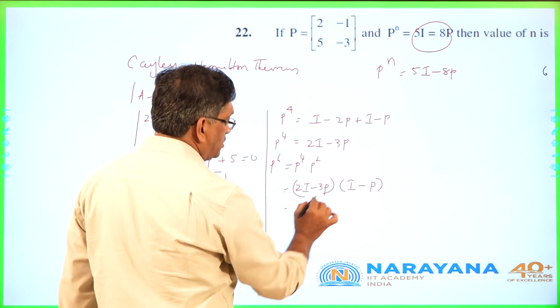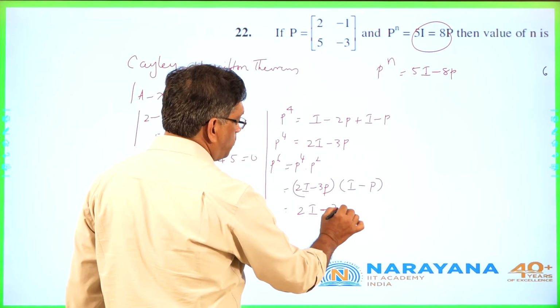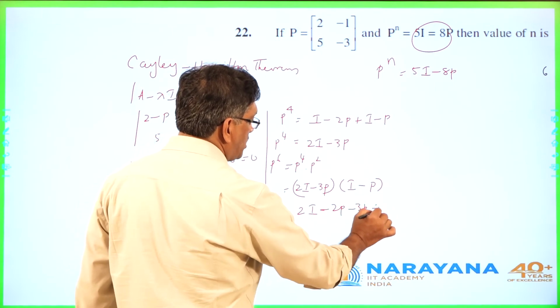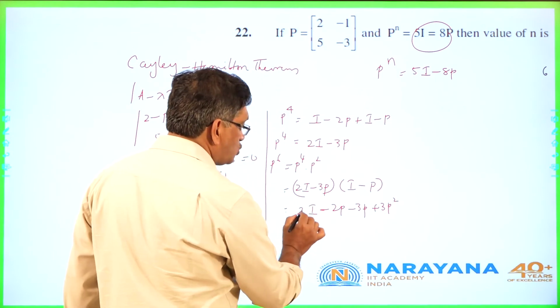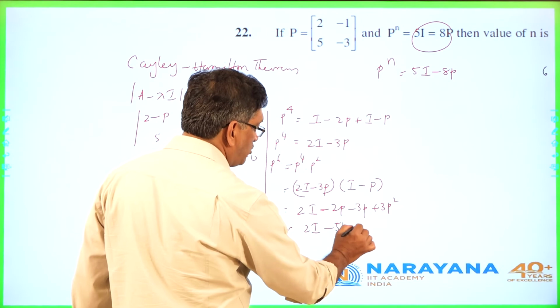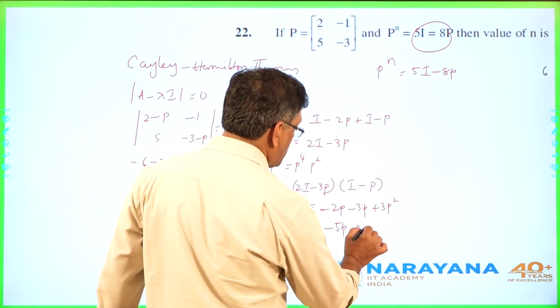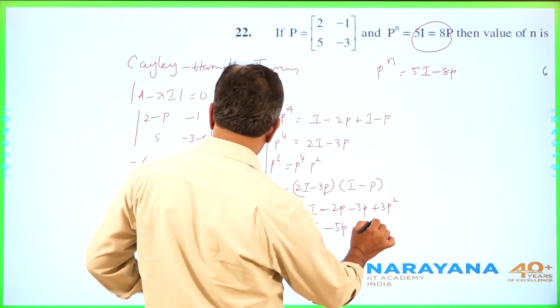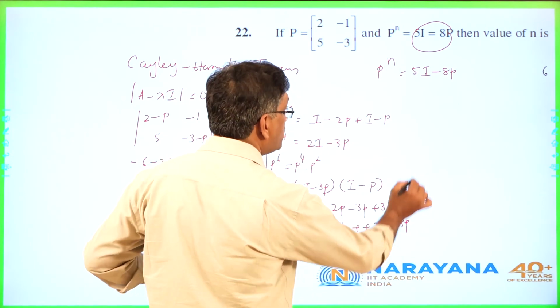Let us open. This is 2i square, 2i minus 2p minus 3p plus 3p square, right? So, this is 2i minus 5p, 3 into p square, that is 3i minus 3p.